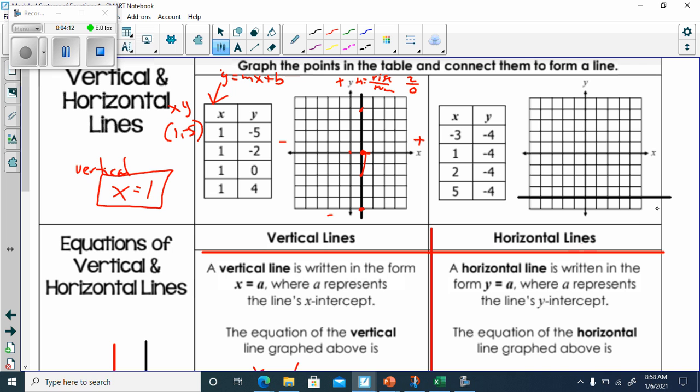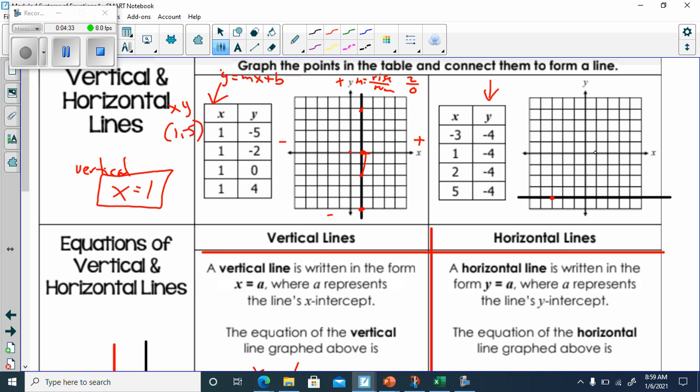Let's try this horizontal line here. Let's plot these points. Notice how the y doesn't change here. The y is equal to -4, no matter what the x is. So let's plot these. x is -3, -1, 2, 3, and then -1, -2, -3, -4. There we go.